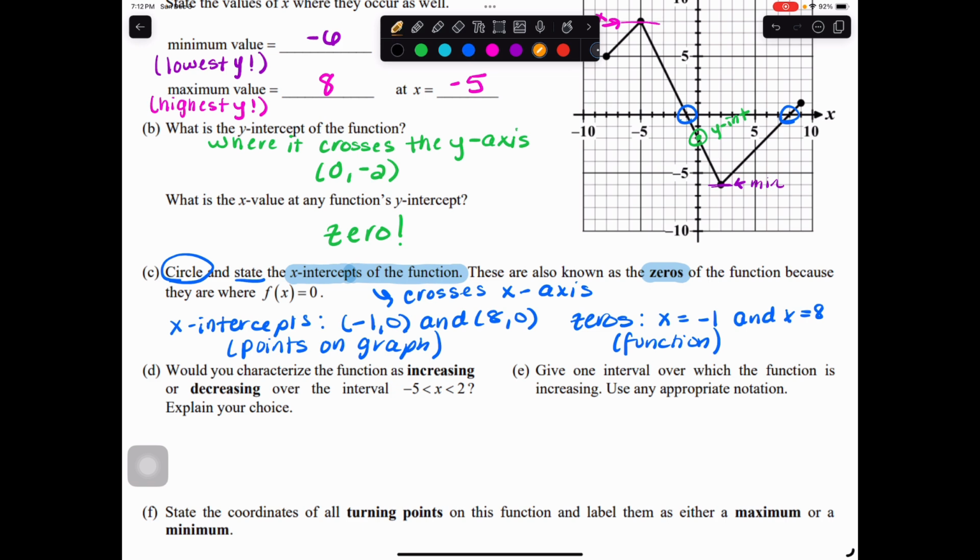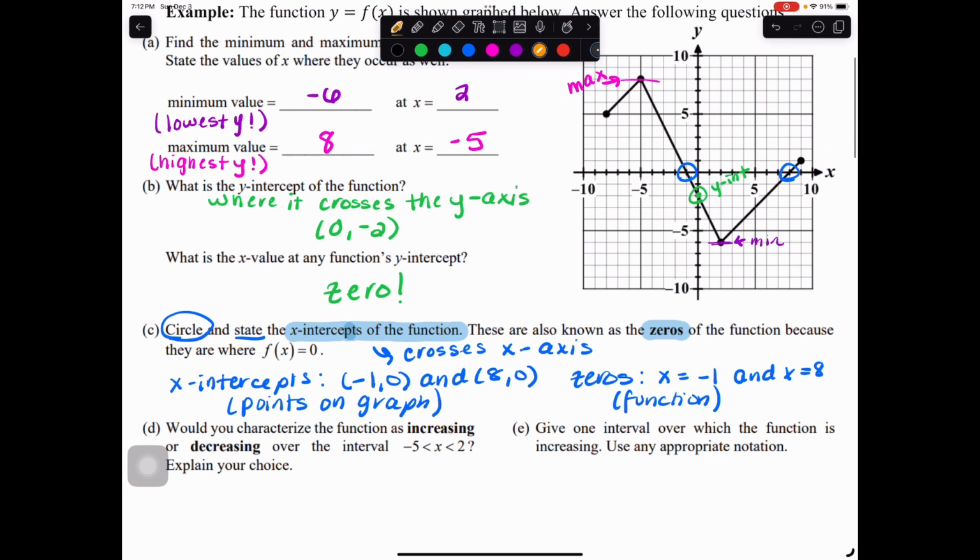Next, D. Would you characterize the function as increasing or decreasing over the interval -5 is less than x is less than 2? So if I go up in here and I look, we're talking -5 to 2. I'm going to highlight the portion we're referring to right here. Would we describe that as being increasing or decreasing?